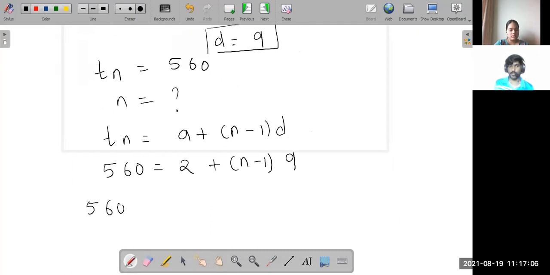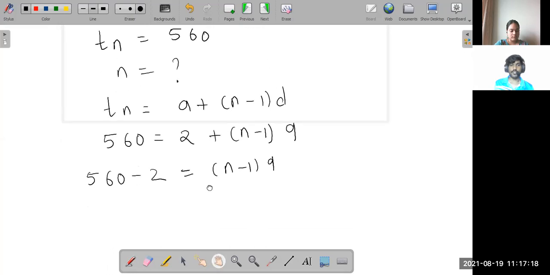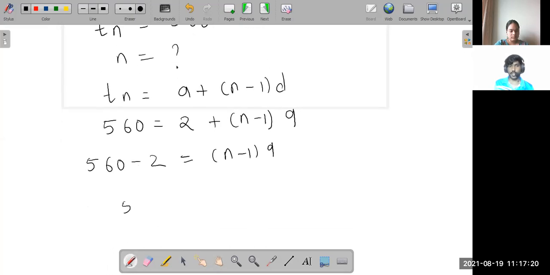So this will become 560 minus 2 is equal to n minus 1 into 9. 560 minus 2 will give you 558, is equal to n minus 1 into 9.